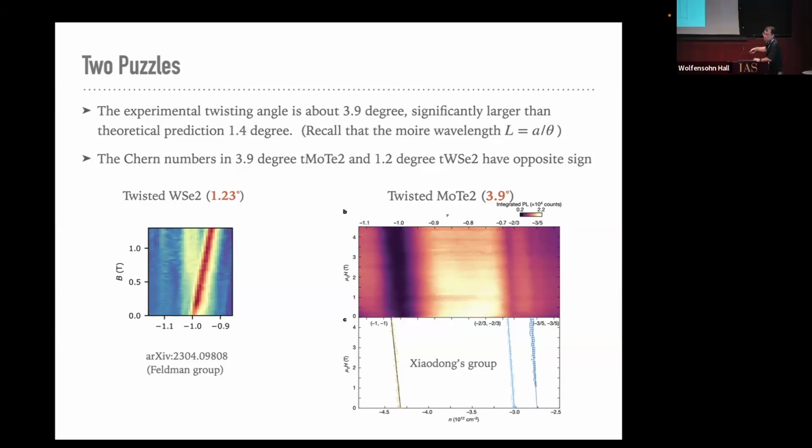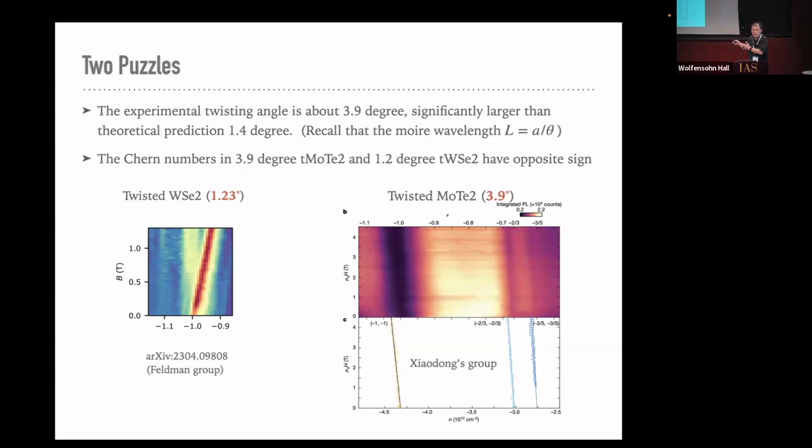The opposite slope means the opposite sign of the Chern number. This is also very puzzling, because if you think about the electronic structure of WSe2 and MoTe2, they are essentially the same. Okay, there are some details in band dispersion, but the large features, which valley corresponds to which spin, are all the same.